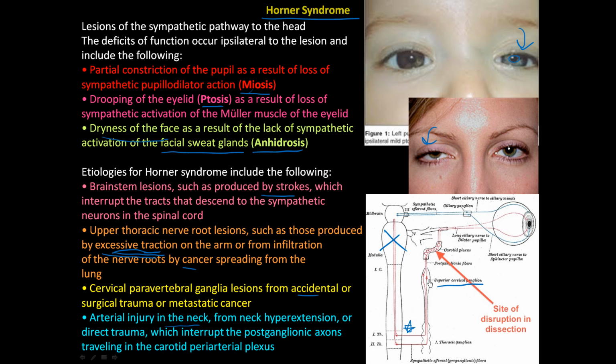Right here, you have these postganglionic neurons, because this is the synapse from the pre to the postganglionic neuron, and they travel along this carotid plexus. If this carotid artery gets dissected or torn, then that can cause problems in these postganglionic nerves that innervate the pupillary dilator muscle, and so that can cause the constriction in the pupil. These are the etiologies or causes of Horner syndrome.